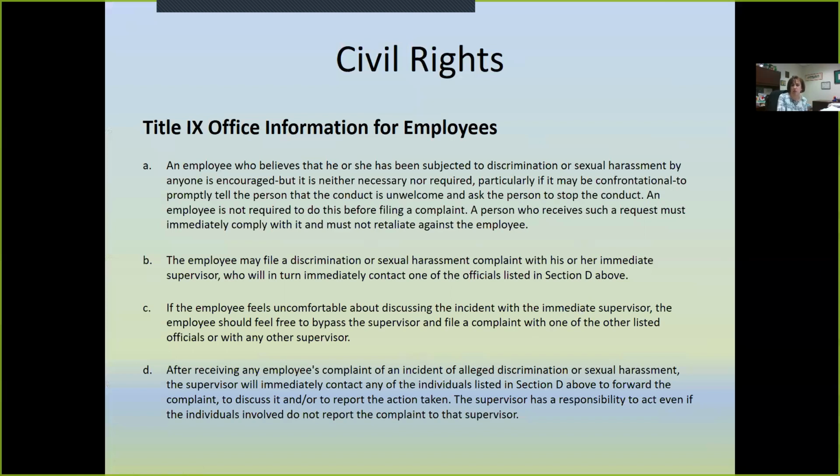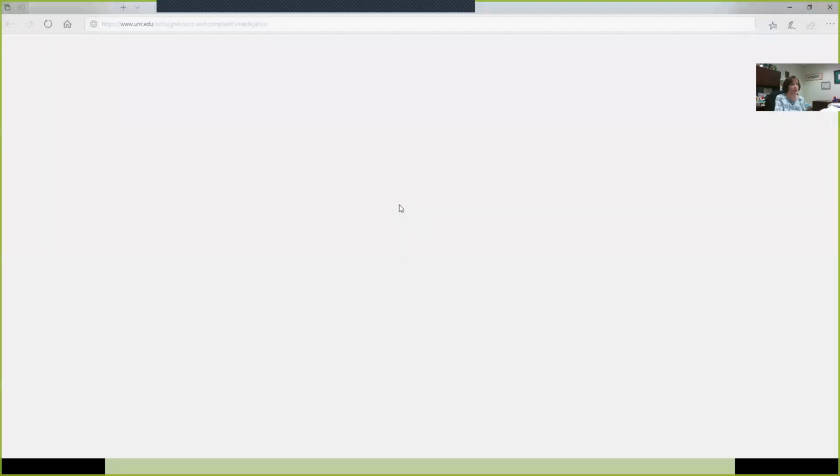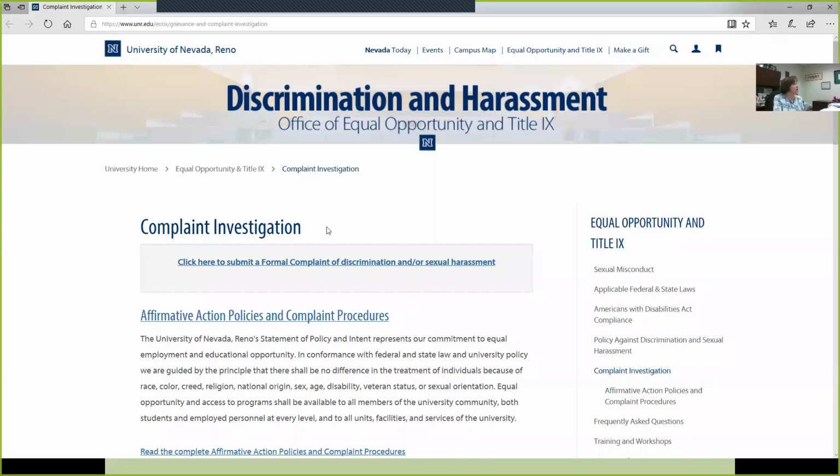This part comes directly out of the university's discrimination and sexual harassment policy, which on the next page is where we find that. So if you want to file a complaint with the university, this would be the website you would go to. And then here you click to file a formal complaint.